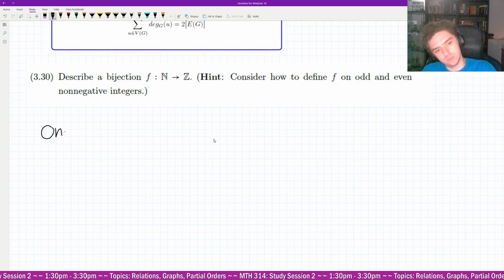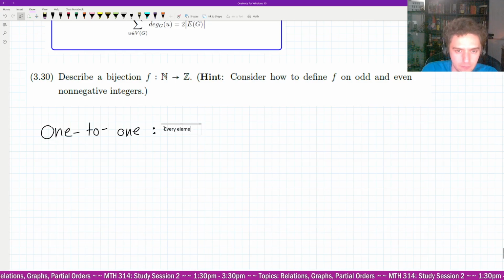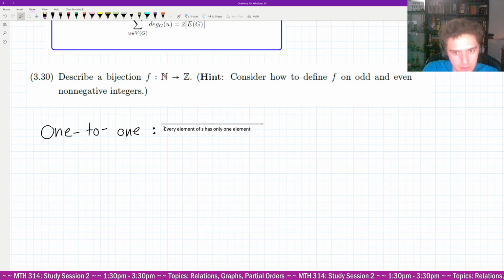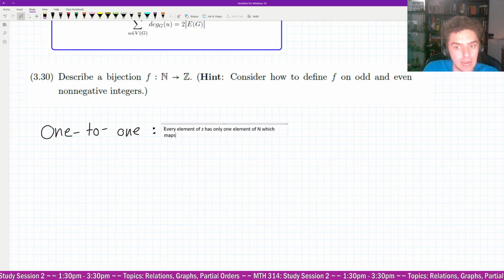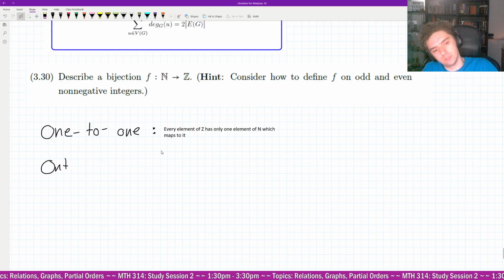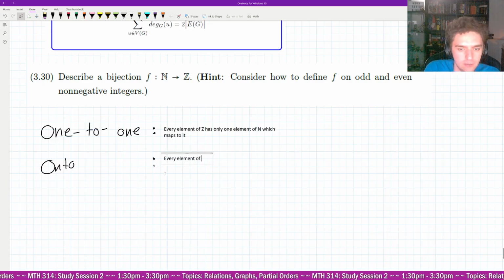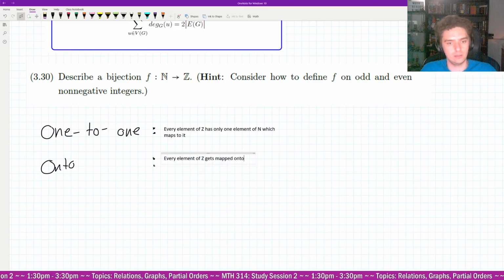So 1-to-1 means that every element of Z has only one element of N which maps to it, right? That's what that means. And then it has to also be onto, which just means that every element of Z gets mapped onto by the function f, obviously.